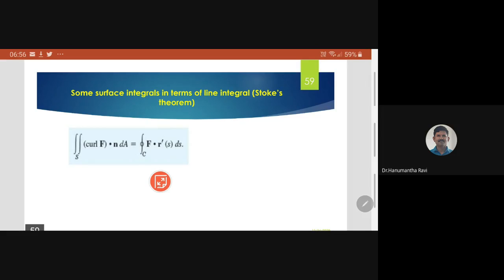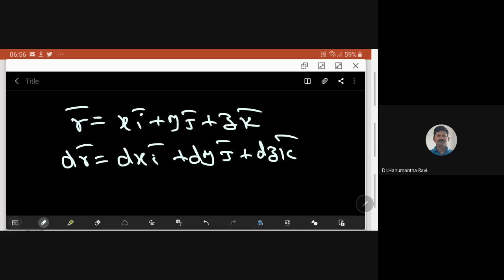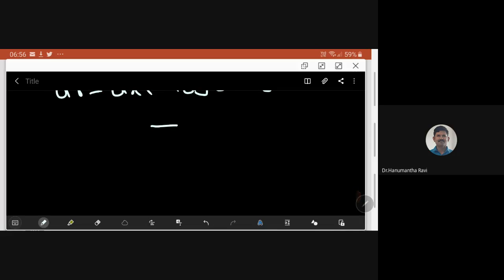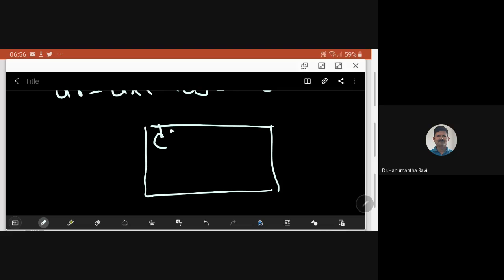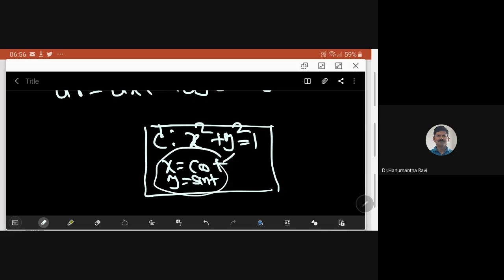sometimes the curve can be expressed by using a parametric representation. Whenever I say parametric representation, I'll tell you one thing here, an example, because we require these ideas. Suppose you think about a curve x square plus y square equal to 1. If you take x equal to cos t and y equal to sin t and put these values here, then it is satisfied.